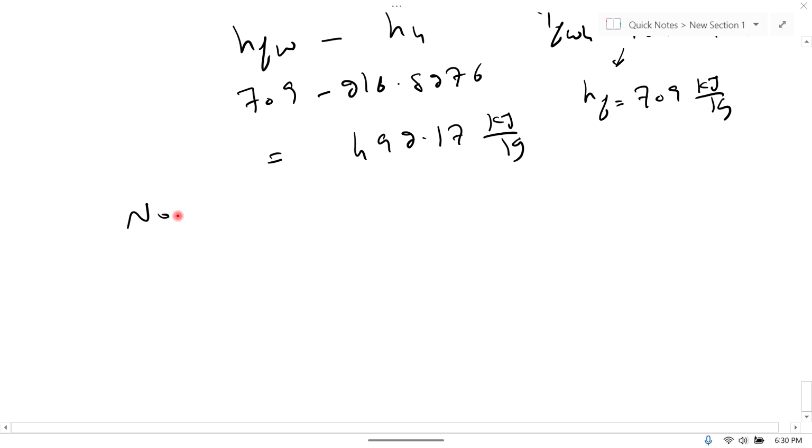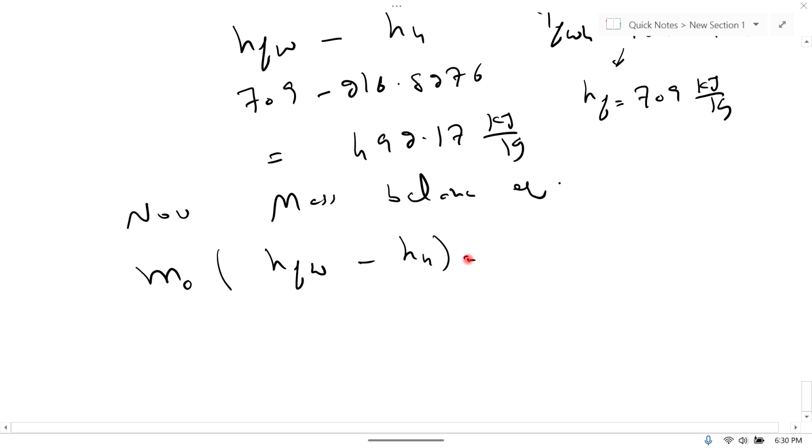The mass balance equation is m naught into enthalpy of feedwater minus H4 is equal to y, the mass fraction entering the high pressure turbine, y into m naught into H2 minus H1 dash.